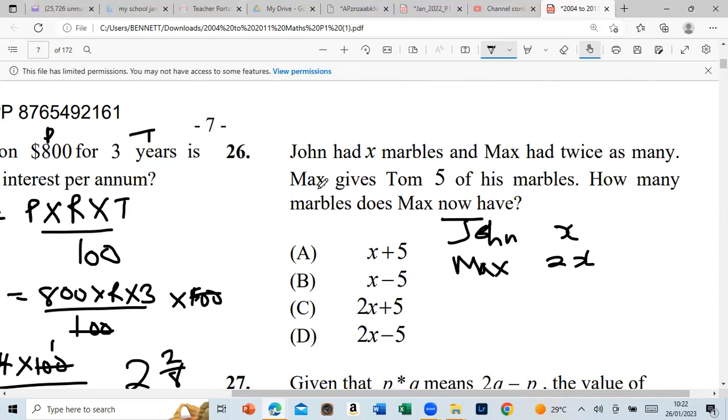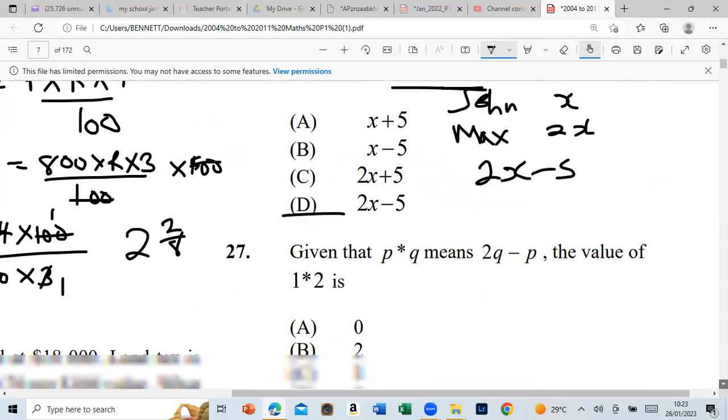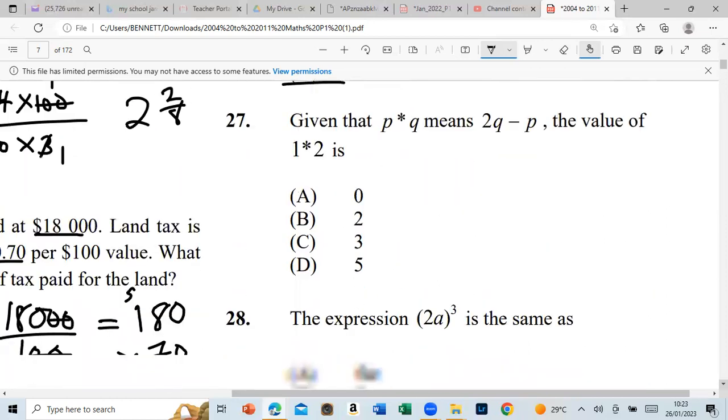Max gives Tom 5. So Max is left with 2x minus 5. How many marbles does Max now have? Alright, so this is it. See that just by writing it out, I get the answer without even seeing what they're going to ask. So just write out the information and then you can take it from there. Alright.